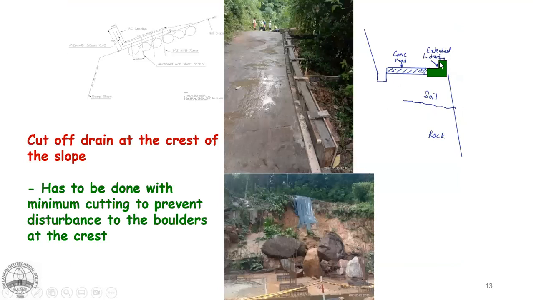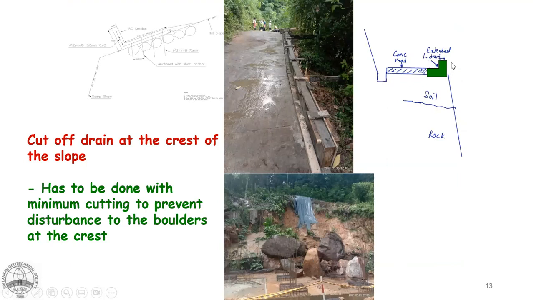Sometimes you might not be able to do a cutting to get a cut-off drain, right? So this is sloping ground here, where excavation is done for a ground reservoir. So at the edge of the road, in this area, there were boulders, there were boudinage structures in a matrix of soil.